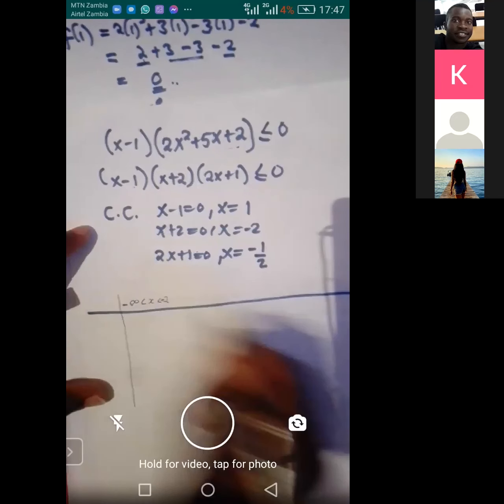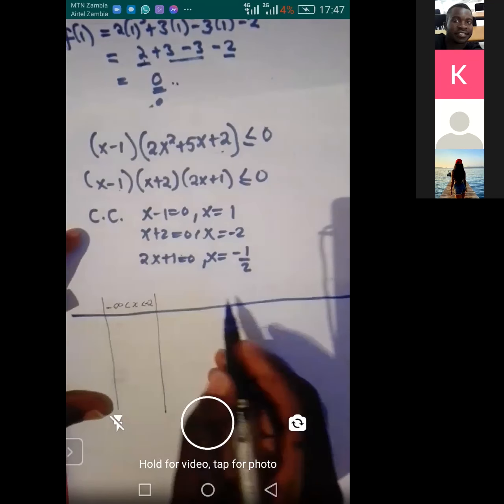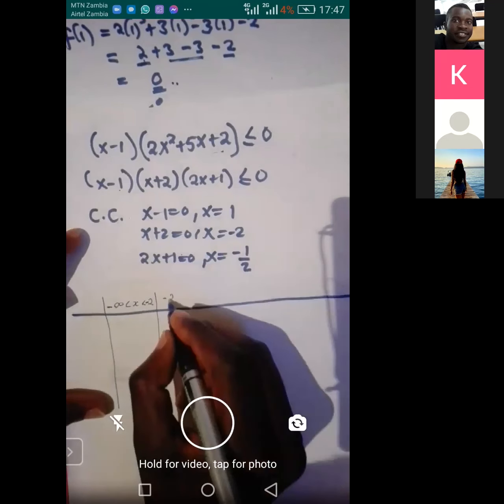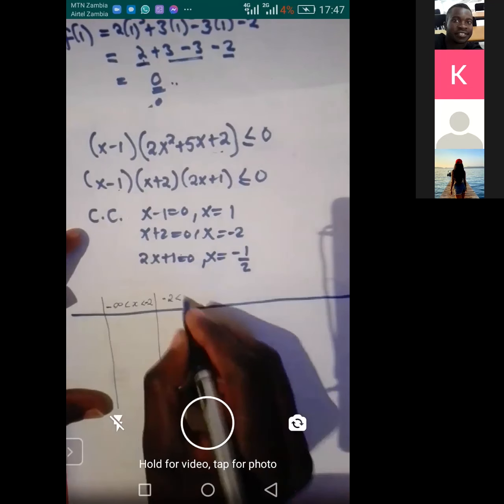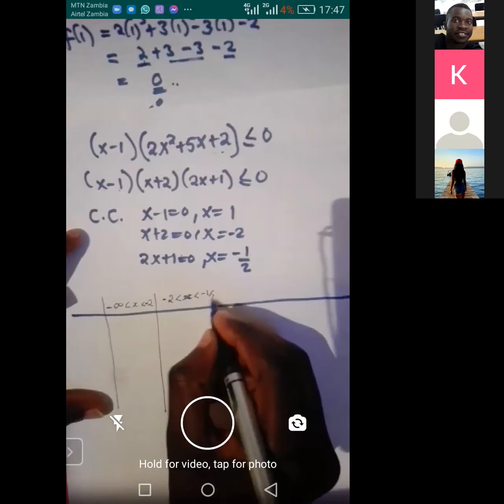Then we have this interval from minus 2 to minus 1 over 2.